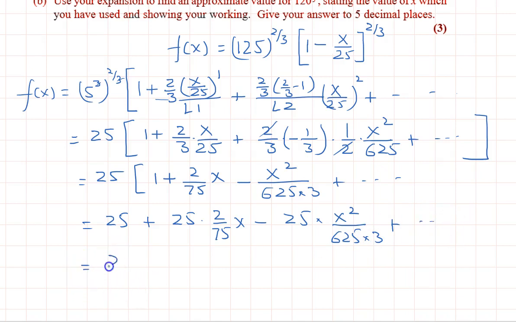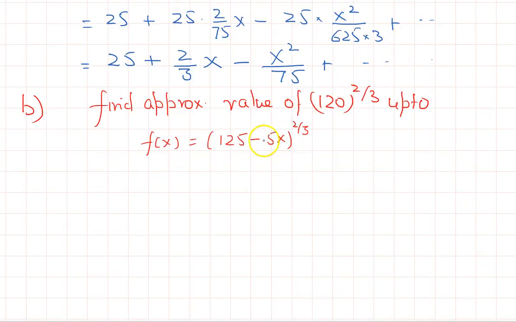So this will be 25 plus 2 over 3 x, since 25 times 3 is 75, minus 25 times 25 is 625, so x square over 75. So this is the expansion.